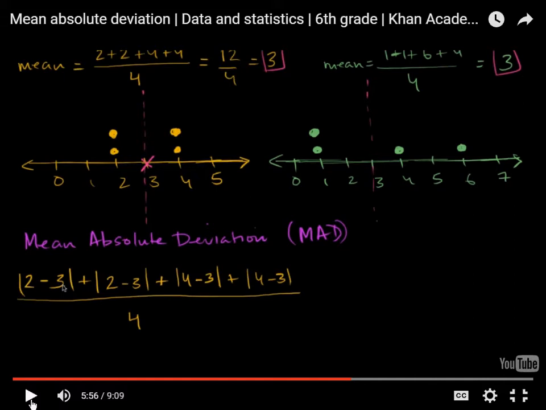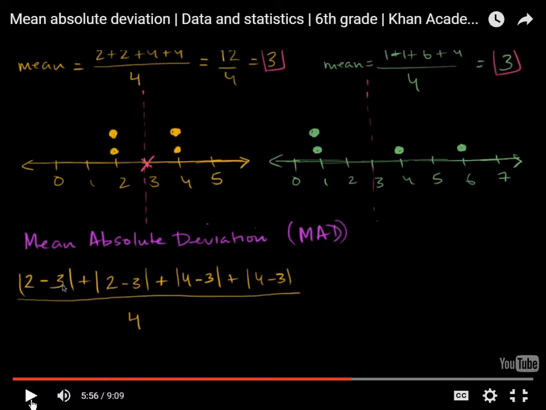Here's what I want you to notice. This was the original data set: 2, 2, 4, and 4. Technically, what he's doing is creating a brand new set of data. He's creating a data set that shows the distance each point is away from the mean. This 2 minus 3 is what? It's actually a negative 1, but the absolute value is positive 1.